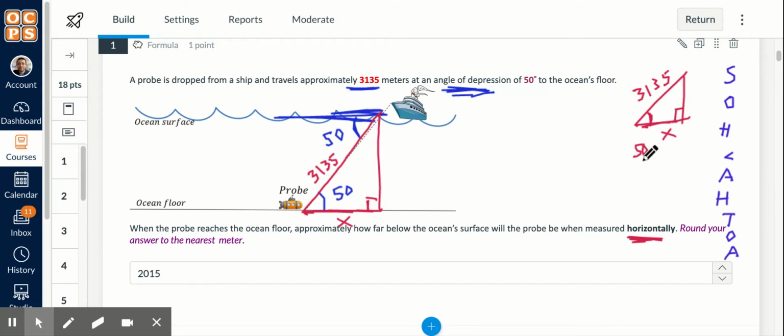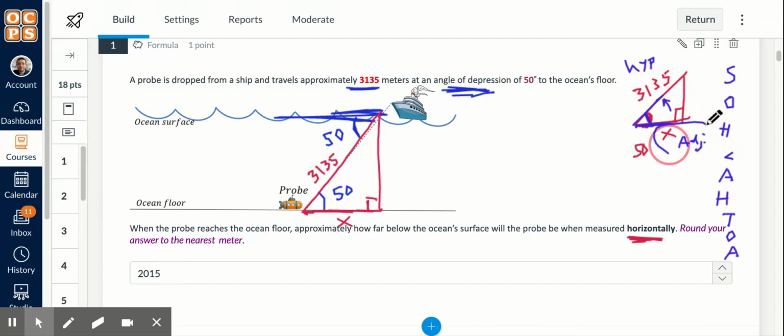So how can I relate the 50 degrees with this side, which is x, with this side, which is my hypotenuse? So this is 90 degrees. Across from it is your hypotenuse. So 3,135 meters is my hypotenuse. This side, the x, compared to the angle, is your adjacent side.